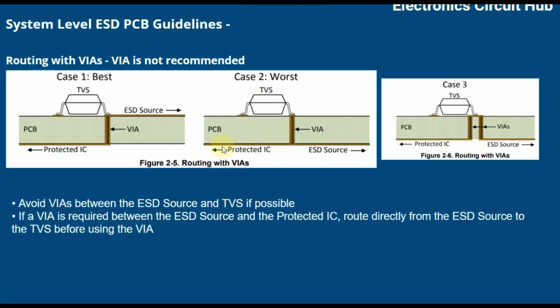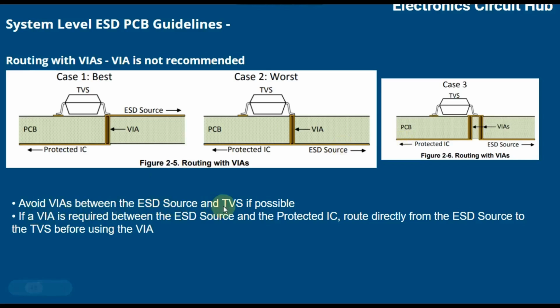Once you apply ESD here, it will come directly here, so the ESD will not get clamped. Case 3 is not good practice, but you can follow it: from the source, go to the ESD diode, then via one wire, and use one more wire to go to the protected IC.